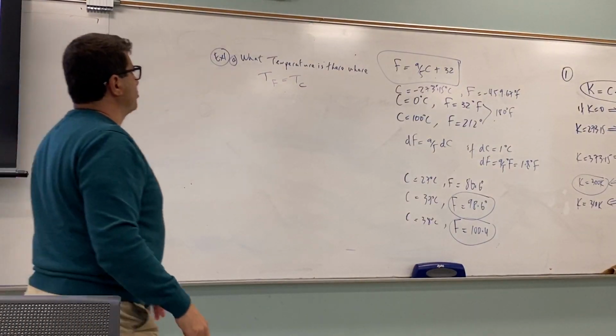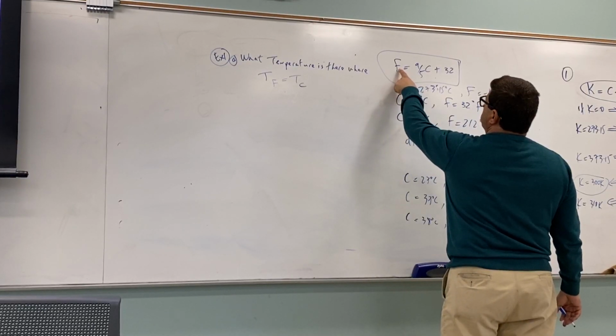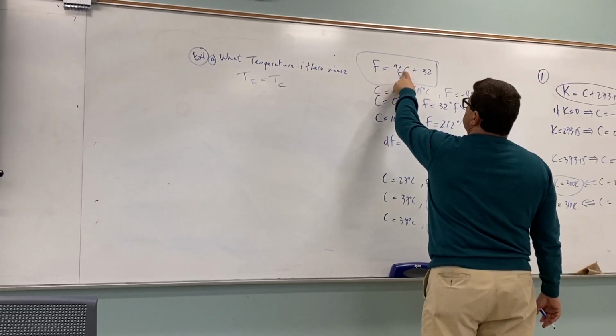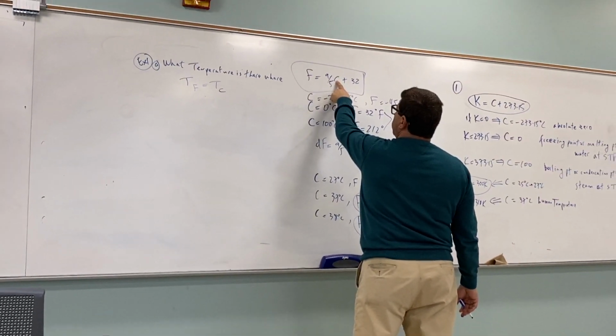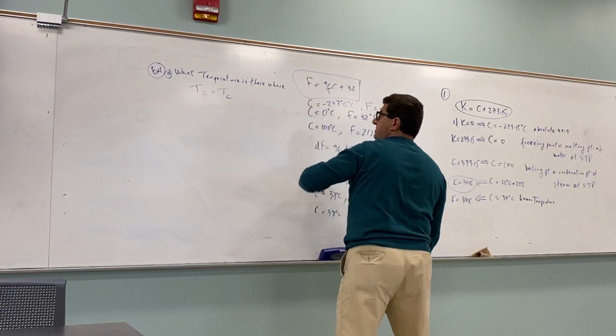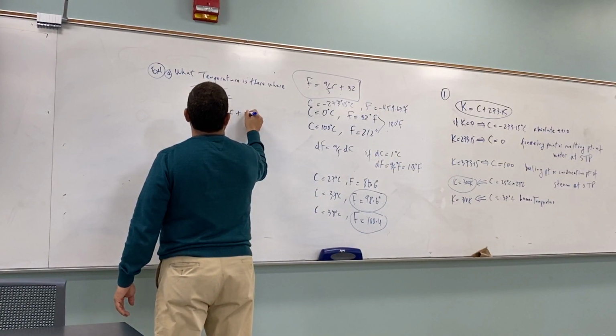So to solve something like that, we just put here F is 9/5 C, then either change the C to F, or change the F to C, you know. So F equals 9/5 C plus 32.